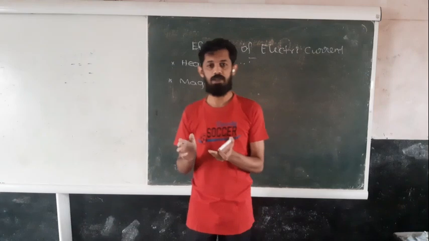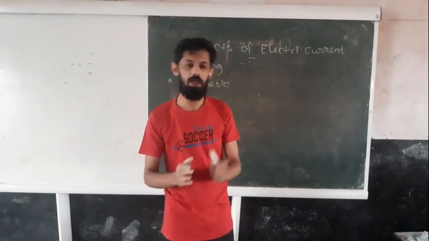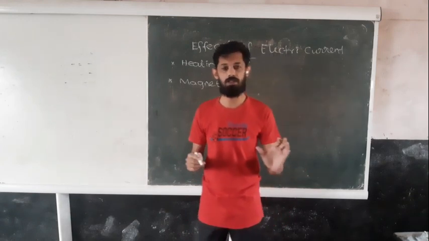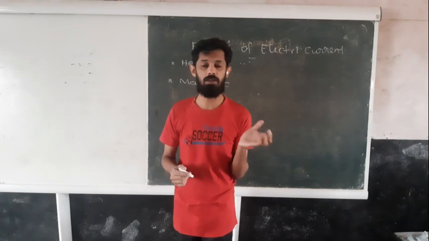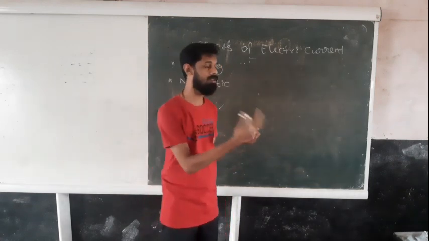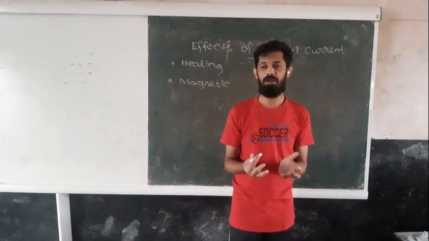A conductor is a substance which allows the passage of electric current. Any substance which allows the passage of electric current, we call that substance a conductor. What are some examples? All the metals, for example iron, silver, copper, aluminium, all these are conductors.